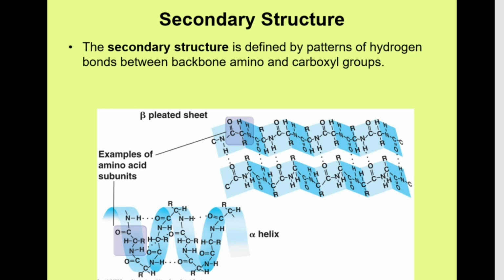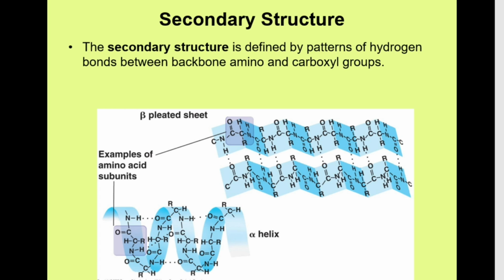Now, imagine you've got a long chain of amino acids that, let's say, is 1,000 amino acids long. As the polypeptide chain starts to fold back over itself and coil around itself, you will start to get hydrogen bonds, so attractions between the positively charged amino groups and the negatively charged carboxyl groups.